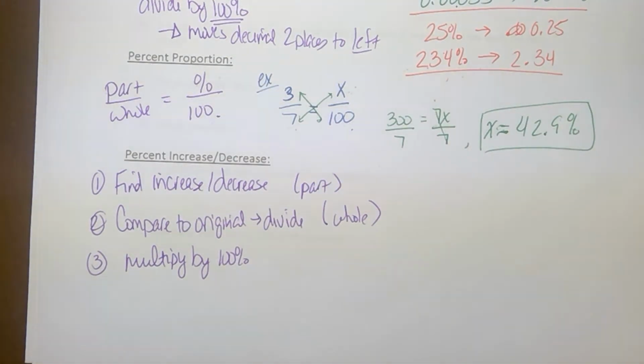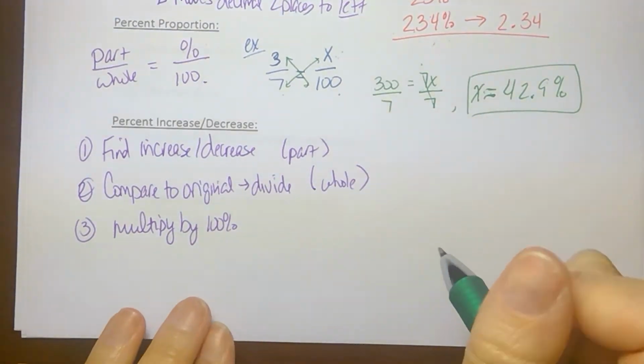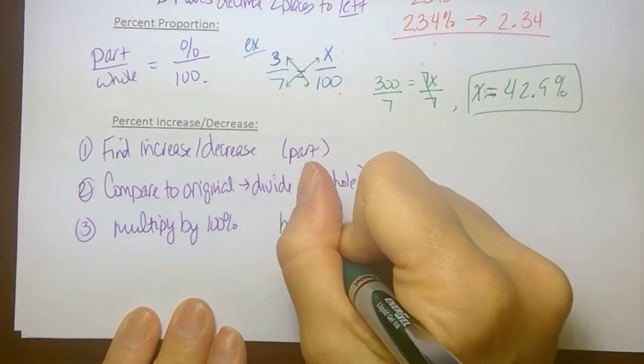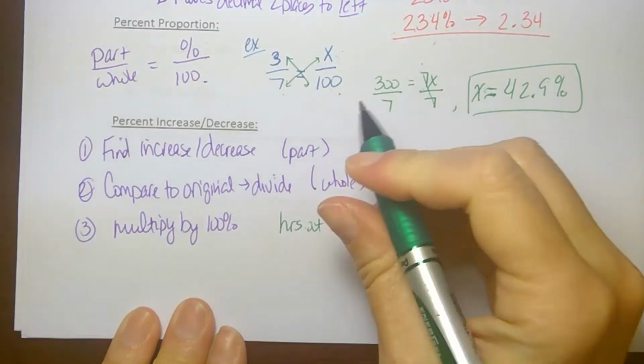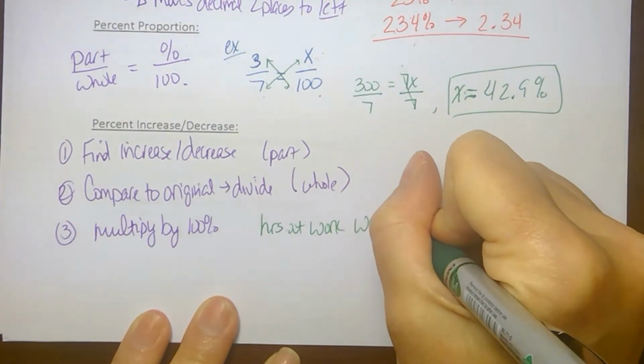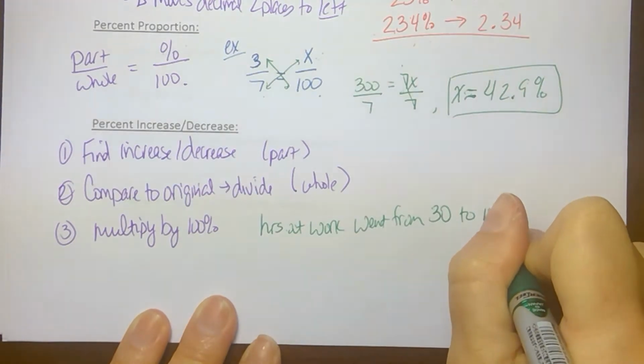Okay, so we are going to do a percent increase or decrease problem. Let's say that when we went on lockdown, the number of hours you were offered at work went from 30 to 12.